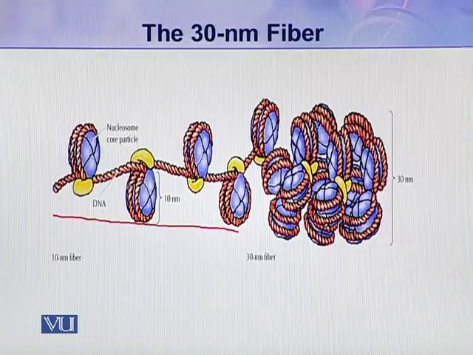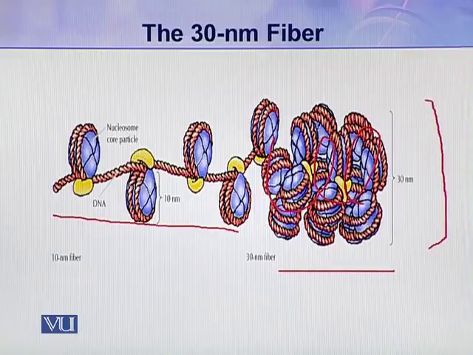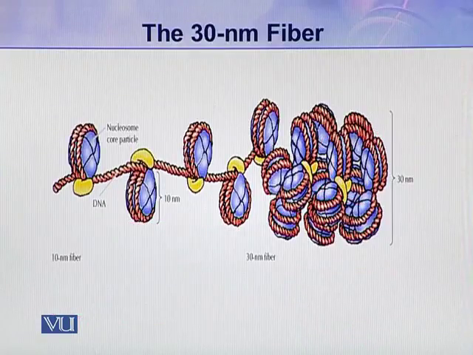So this folds into a 30 nanometer fiber. The diameter is a bit increased from 10 nanometer to 30 nanometer. So this is the next level of organization in the condensation of the chromatin material, the chromatin fibers.